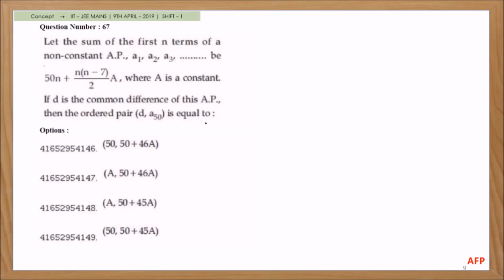Then we can write Tn is equal to Sn minus Sn minus 1. So what is Sn? This is what they have given. So first we will find Tn. Sn is 50n plus a into n into n minus 7 divided by 2. So this term as it is we write, minus 50 into n minus 1 plus a into n minus 1 into n minus 8 divided by 2.